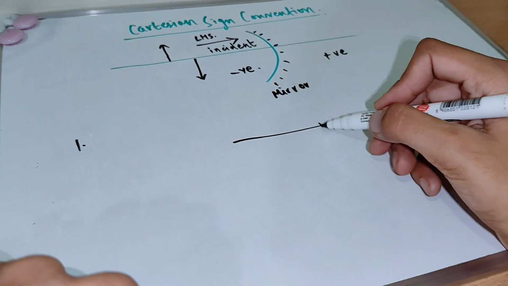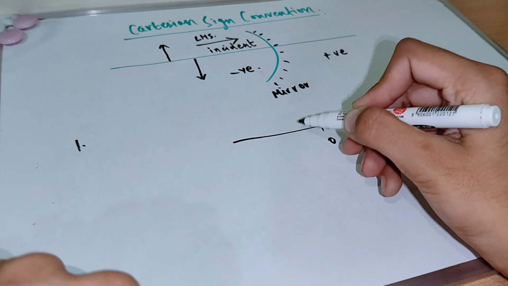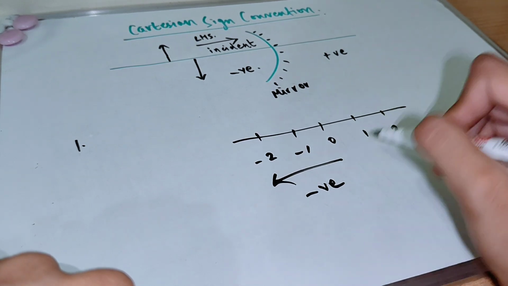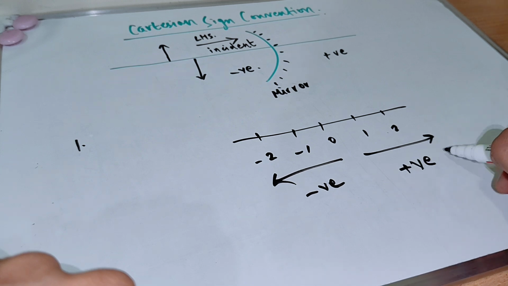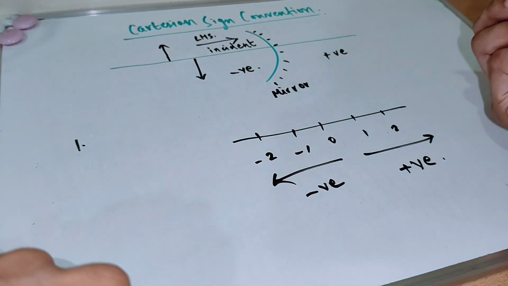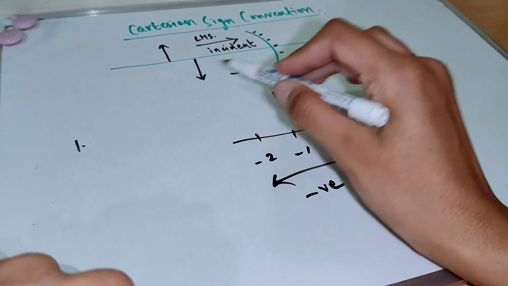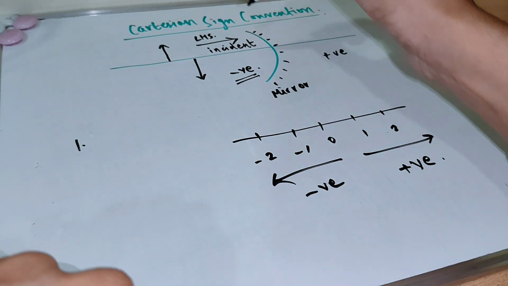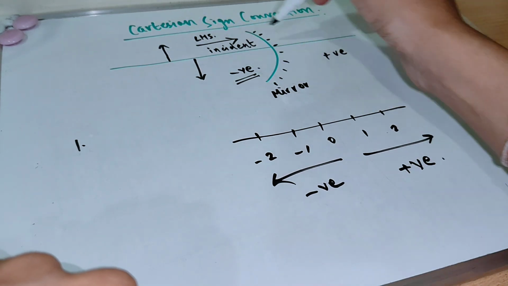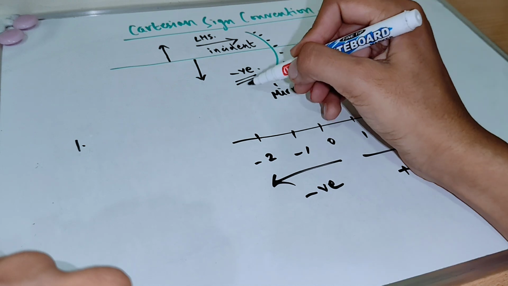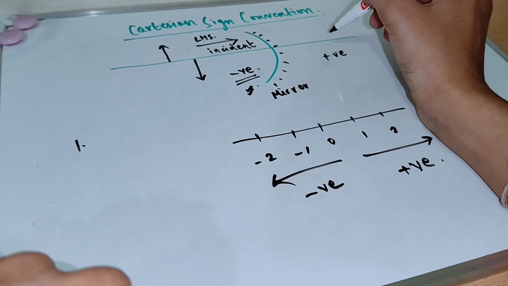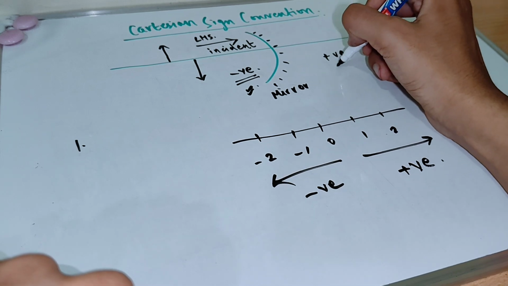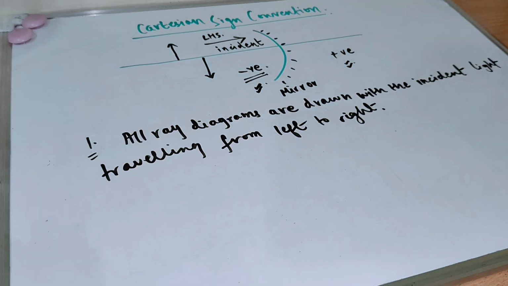Like on a number line, -1, -2, this side is taken as negative and this side is taken as positive. This is how I like to remember it: on the left hand side of the mirror, it will be negative. The horizontal distances on the left are measured negative, and the horizontal distances on the right hand side are measured positive.